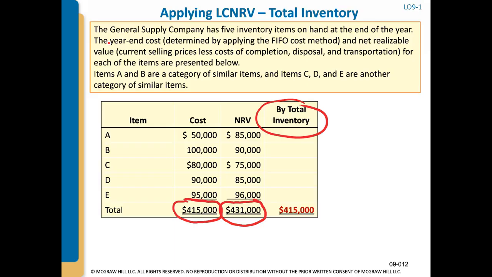So here, our cost is going to be the lower of the two, between 415 and 431. Our cost is 415, so we have no adjustment because it's already at the lower of cost or net realizable value.